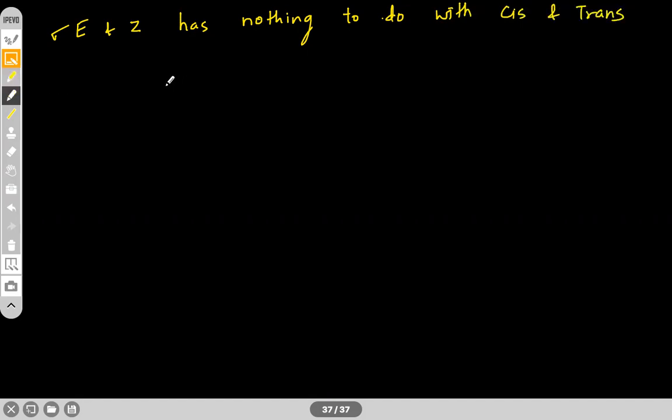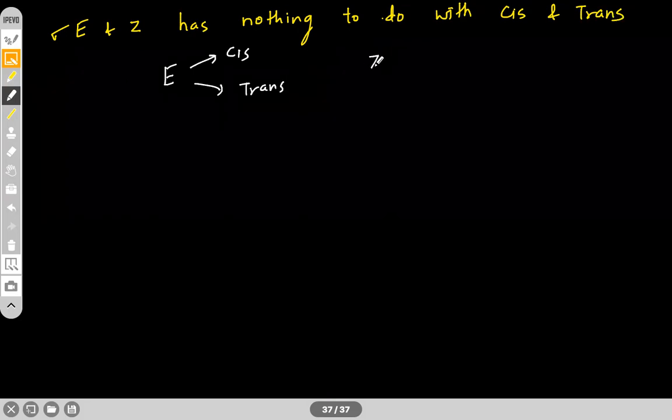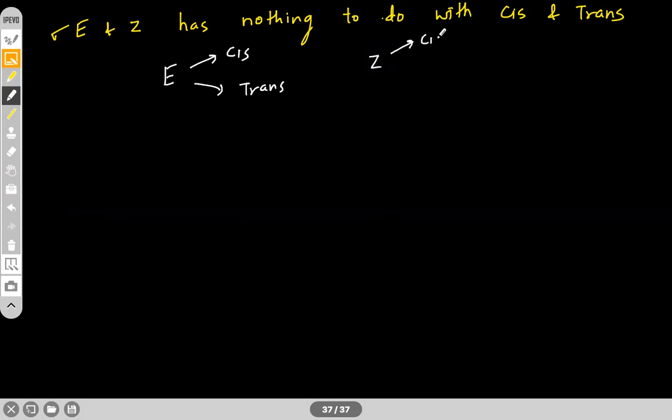This means what? E can be cis, E can be trans. Z can be cis or Z can be trans. All possibilities are there.